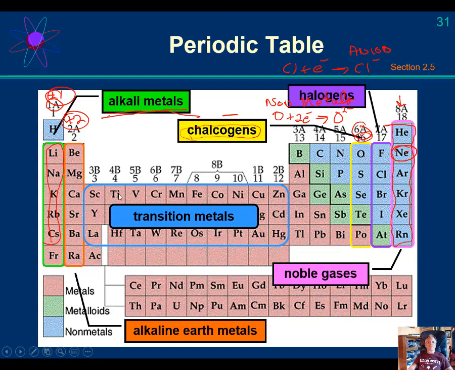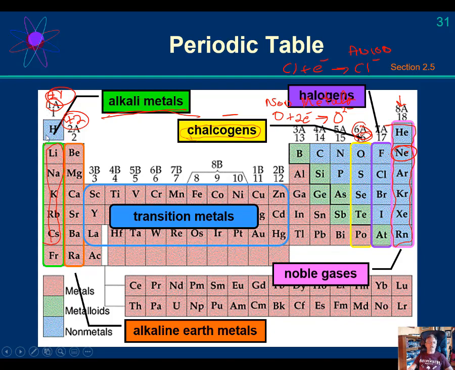We can't specify that they only give up 1, 2, 3, 4 electrons. Each one of them, because of the way the electrons are organized around the nucleus, will have different oxidation states.